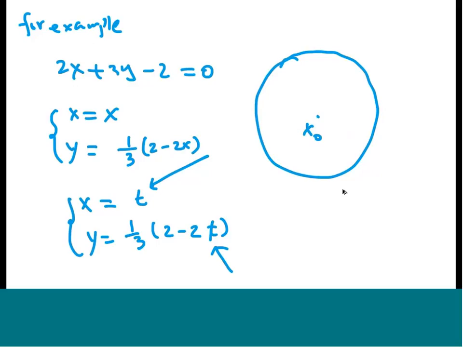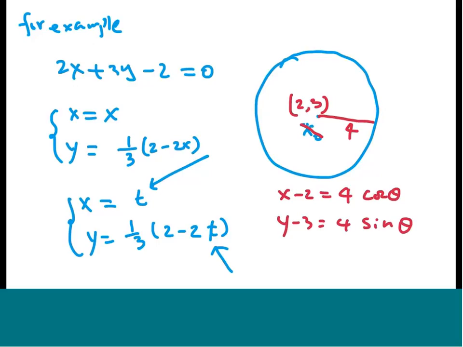I think this is 2, 3 is the point. Then you have 4 as the radius. Then it's going to be x minus 2 equals 4 cosine theta, y minus 3 equals 4 sine theta.